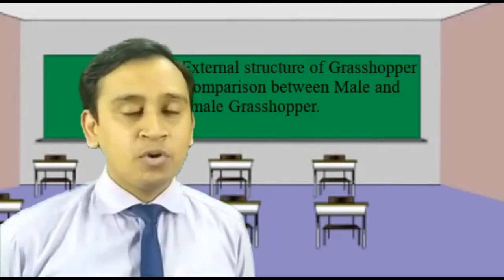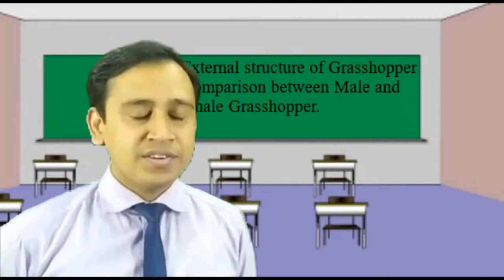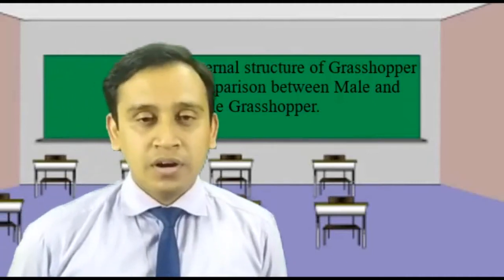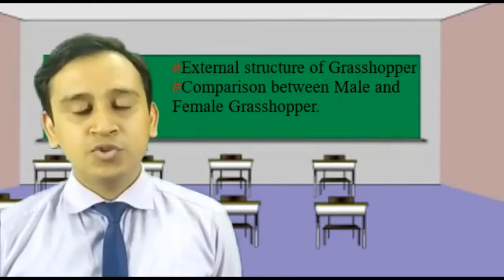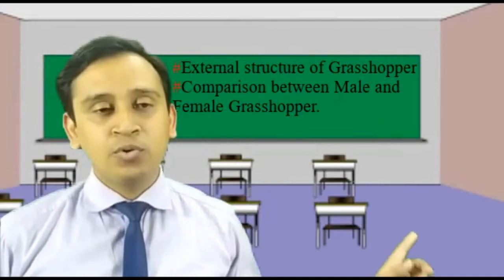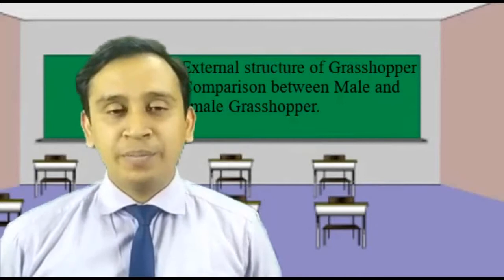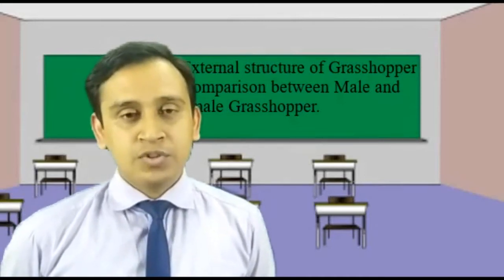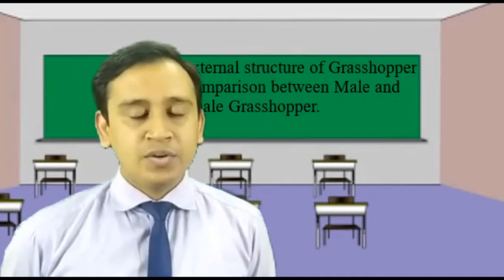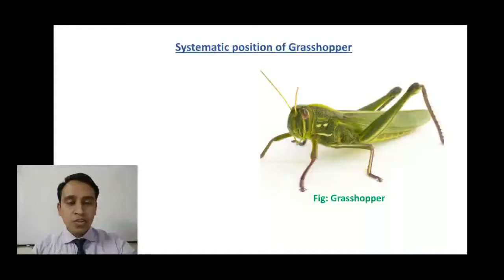Students also will be able to learn the external structure of grasshopper, and to compare between male and female grasshopper. So my dear students, let's move to the main discussion. Today's first topic is systematic position of grasshopper.